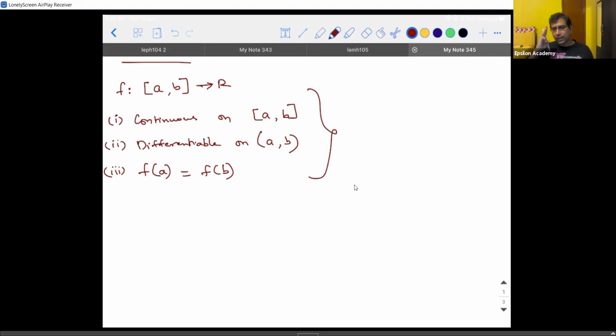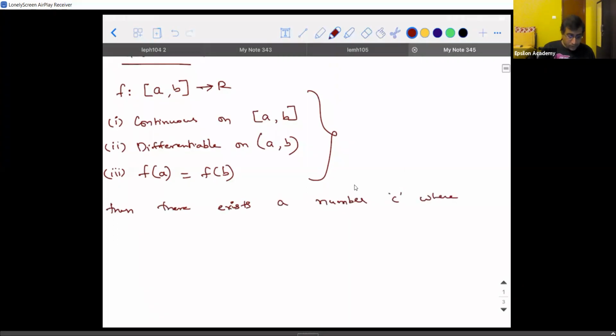If these three conditions are satisfied, then there exists a number c which belongs to the open interval a to b such that f dash of c is equal to 0. So please make a note.